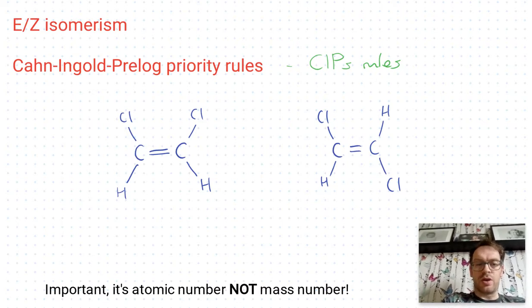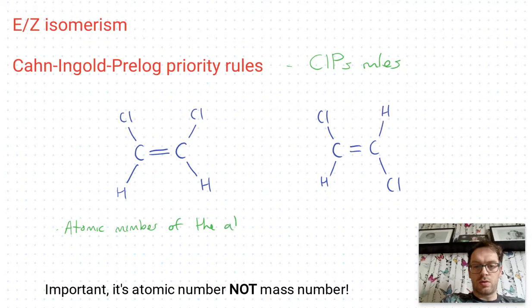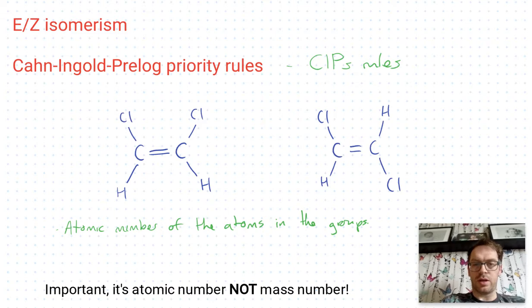Now it's all based on the atomic number of the groups. Well, not the groups, but the atoms in the groups. The importance of the difference will be apparent on the next slide.